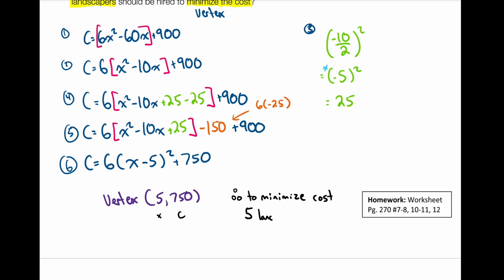So 5 landscapers need to be hired to get a minimum cost of $750, which is our C value. So that's our minimum cost, and in order to get that, we need to hire 5 landscapers.